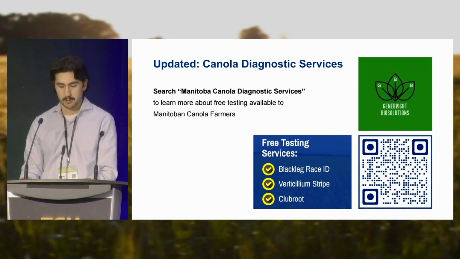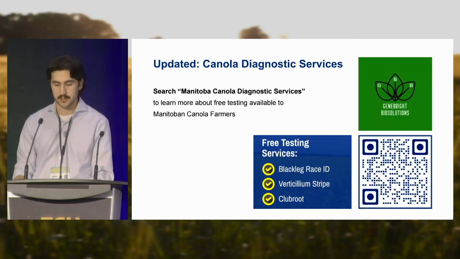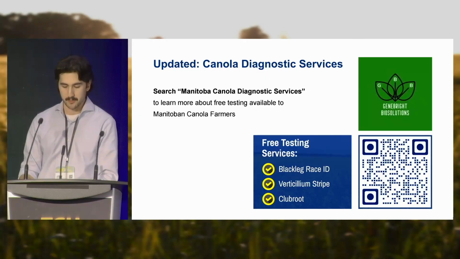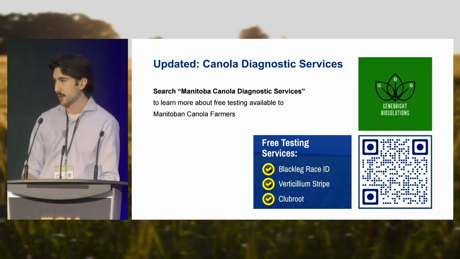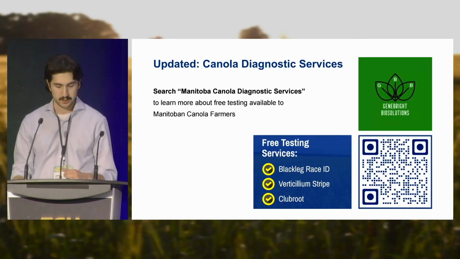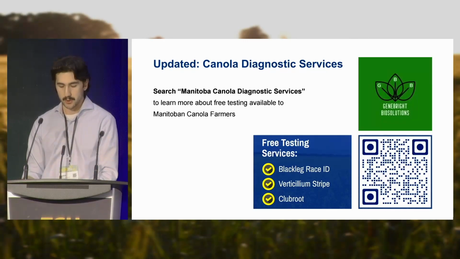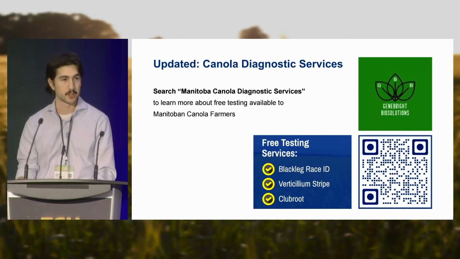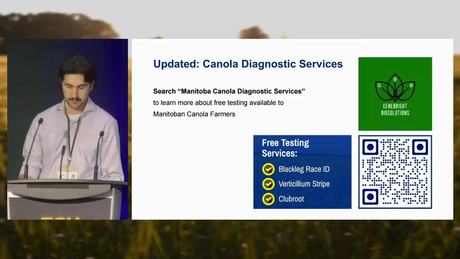The tests include blackleg race ID, verticillium stripe content in tissue material, and clubroot. We have some postcards floating around, actually over by the coffee station there. If you'd like to scan this QR code, or you can just search Manitoba Canola Diagnostic Services to learn more about the sampling protocol and the results reporting.